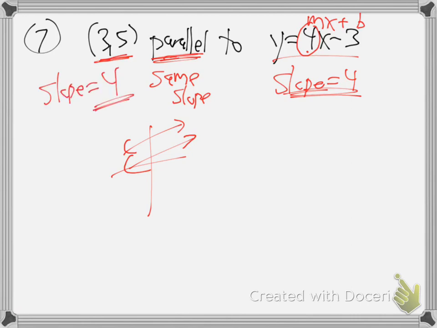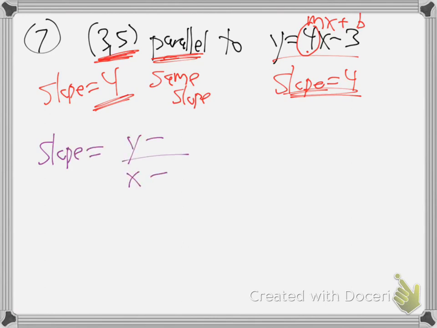So now we know our slope is 4, and that's a point we go through. Now we can do the regular thing. Did that make sense? So now I can go, all right, I got it. Slope equals y minus, x minus, put the two numbers in the back, put the slope in the front, cross multiply, that whole thing.